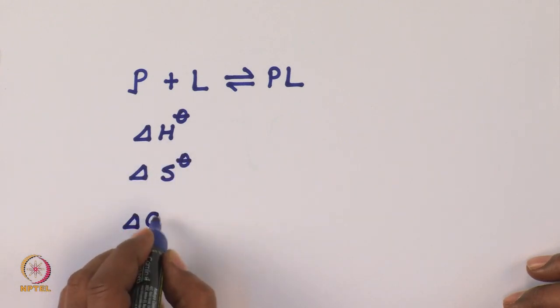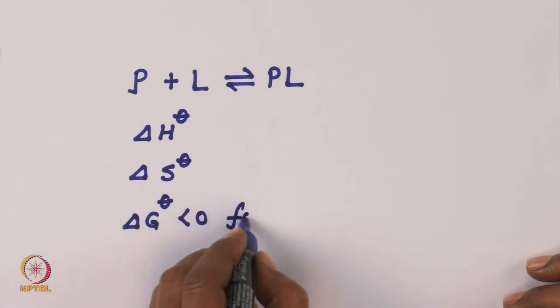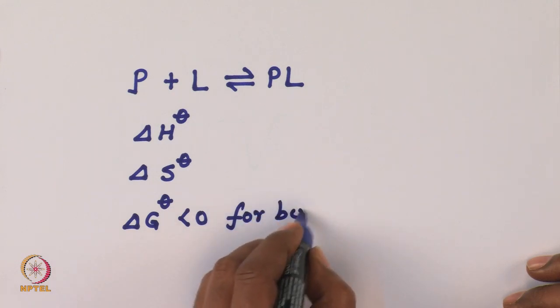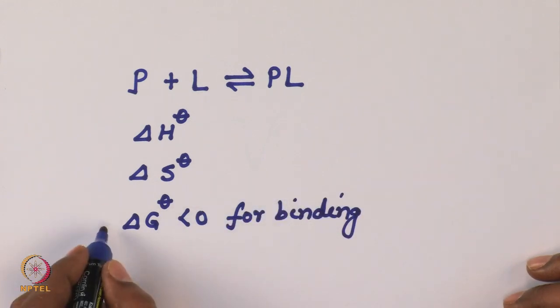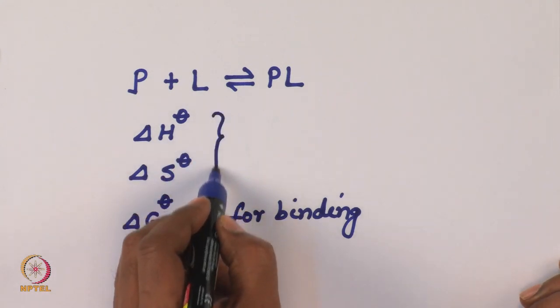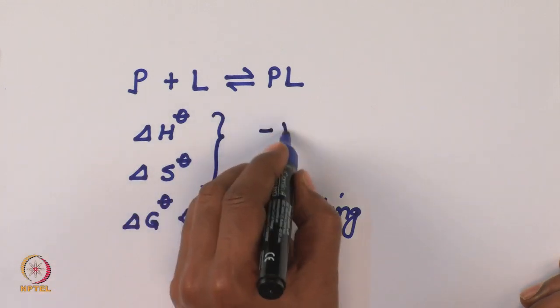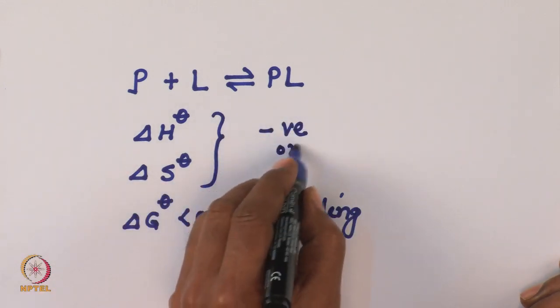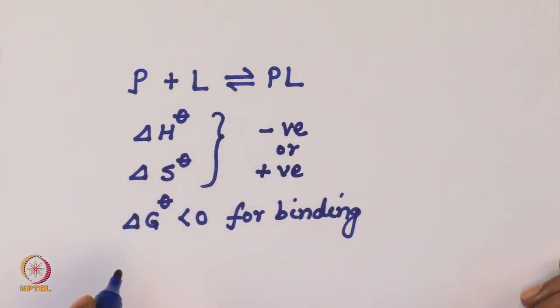Delta G naught has to be negative for binding to occur, because if delta G naught is positive, binding will not take place. Now, these delta H naught and delta S naught can be either negative or positive. Both possibilities are there. And these signs help us in identifying interactions.